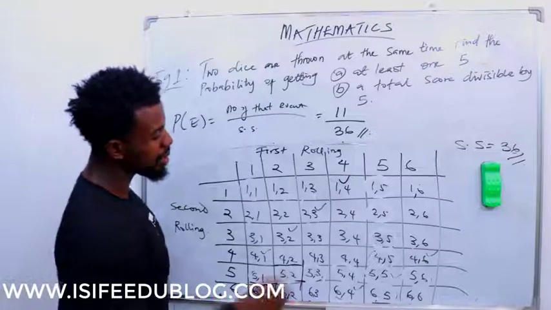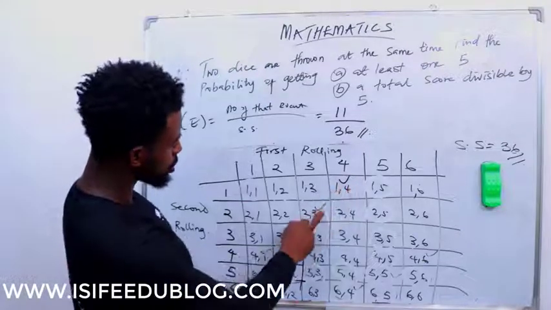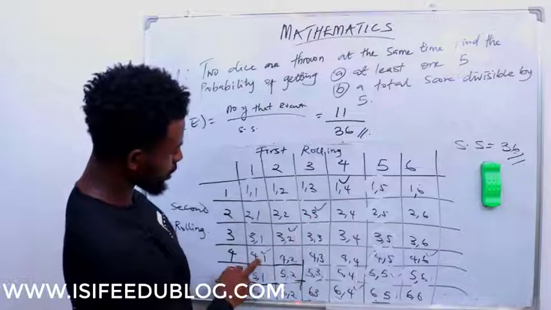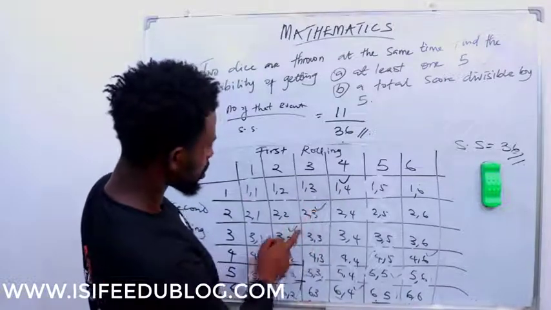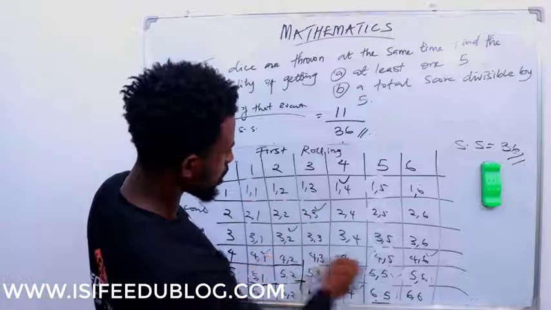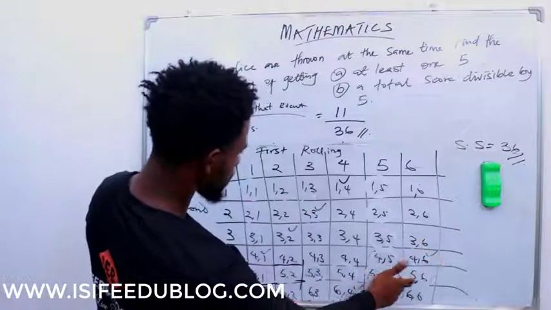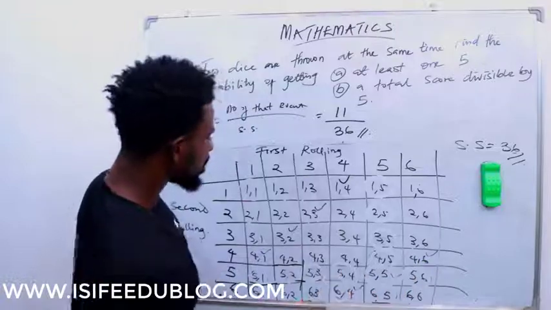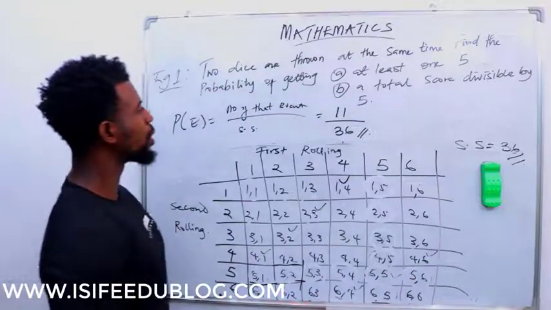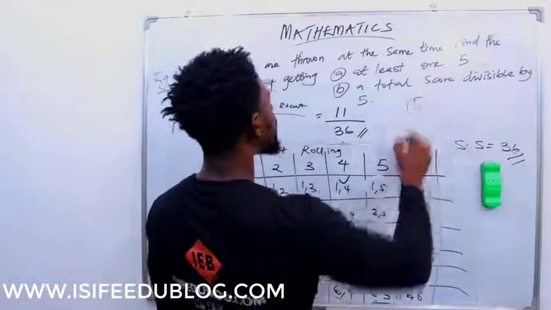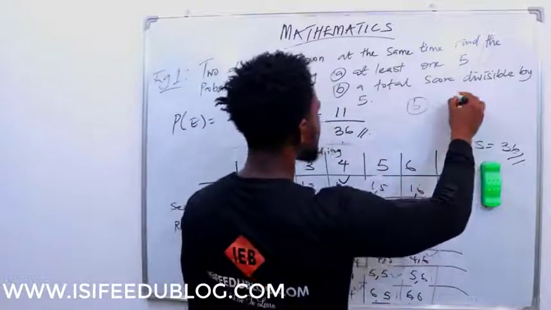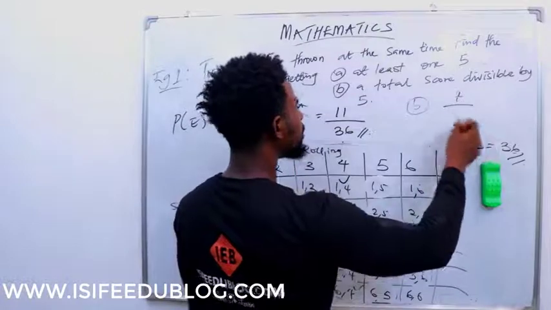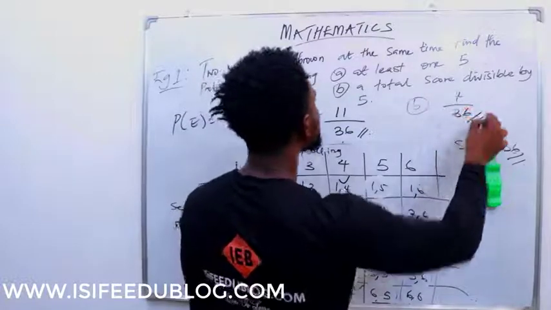So how many are there? We have 1, 2, 3, 4, 5, 6, 7. So we have 7 of them. Okay? We have our B. The total score divisible by 5 is 7 in number, all over our sample space, 36.